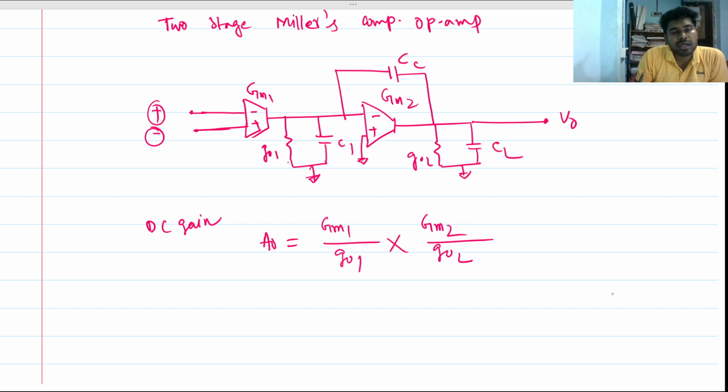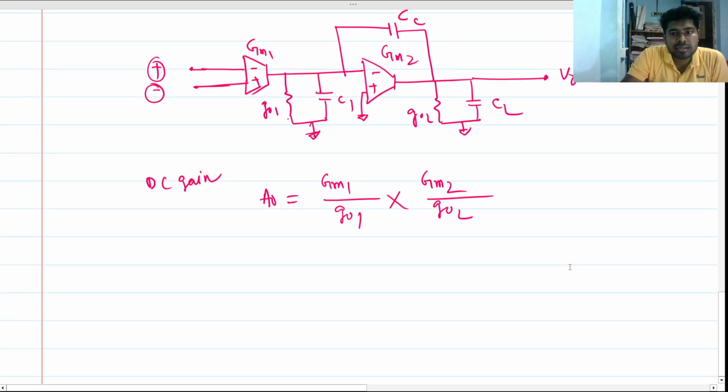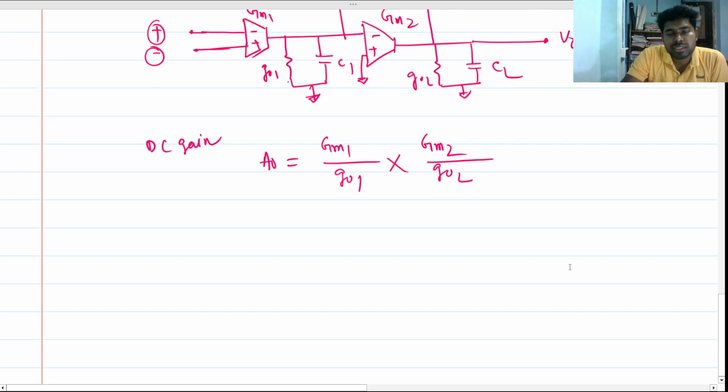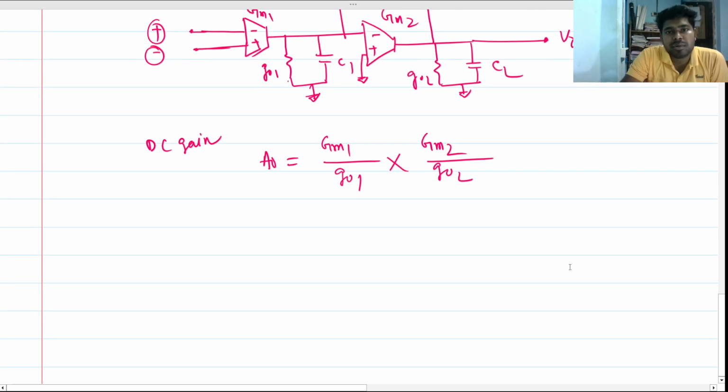Then sir asked me how many poles there are. I said 2, and then sir asked what the two pole locations will be. Sir didn't ask me about the zero. This is approximately P1, our dominant pole.